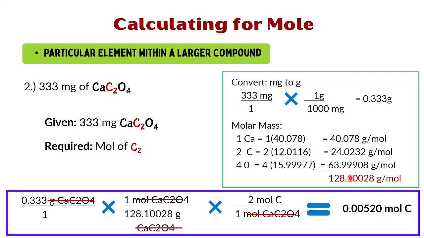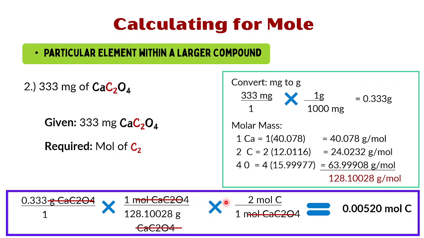That's like our basic understanding, class, of the molar mass: in every 1 mole of that compound, there is an equivalent number of grams. So we cancel out the unit grams, and what's left now is the unit mole of calcium oxalate.